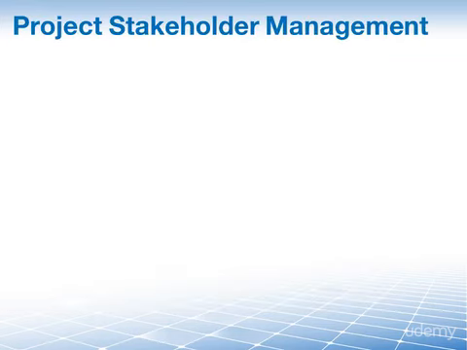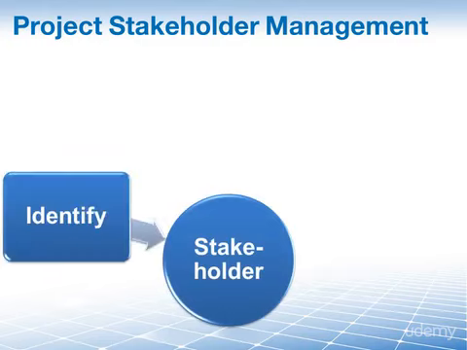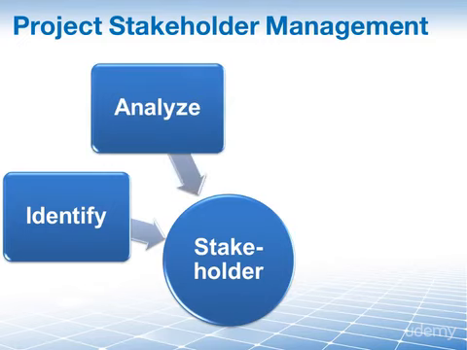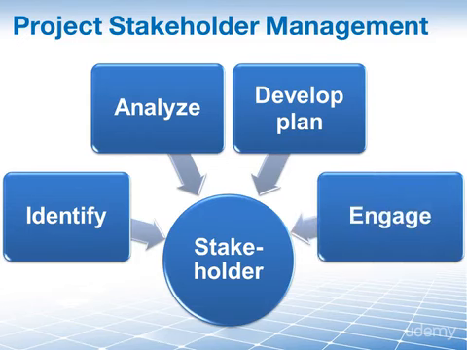Let's start out with the definition of the project stakeholder management knowledge area, which includes the processes that are required to identify the people, groups, or organizations that could impact or be impacted by the project, to analyze stakeholder expectations and their impact on the project, and to develop appropriate management strategies for effectively engaging stakeholders in project decisions and execution.